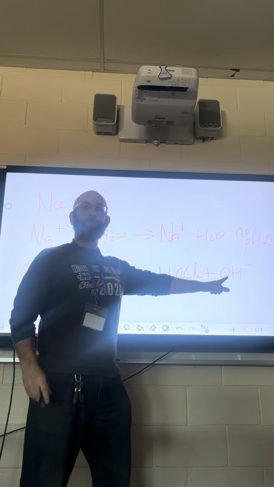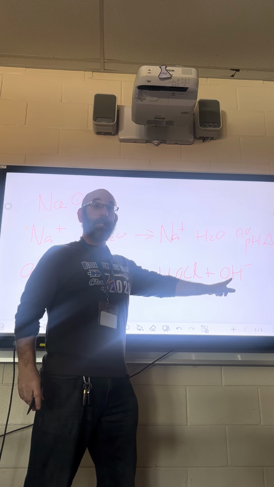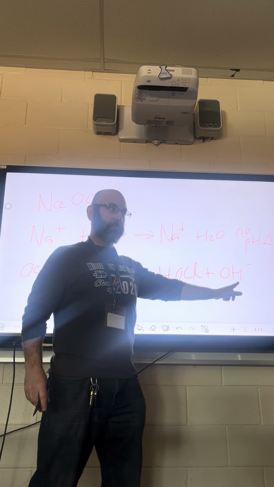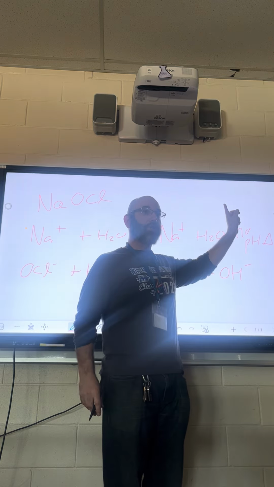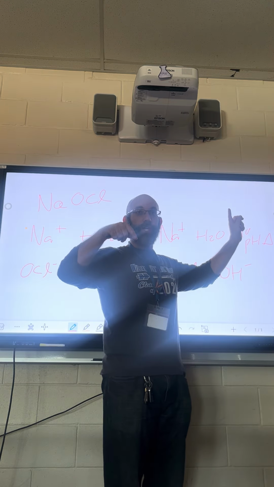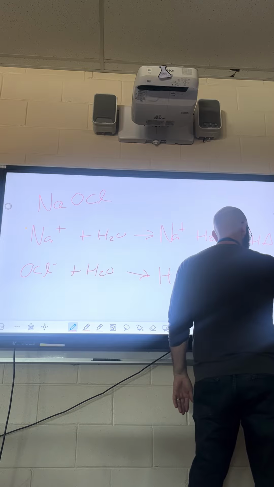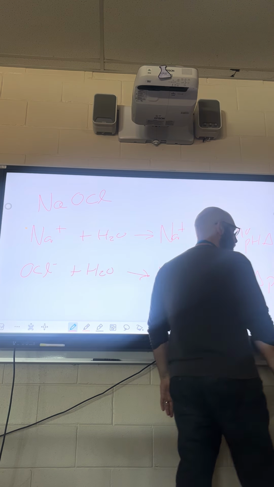What did I make? OH minuses. Does this affect pH? Yes, because if this OH minus goes up, the amount of H plus ends up going down because there's a set amount. So this changes the pH.